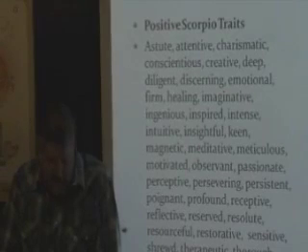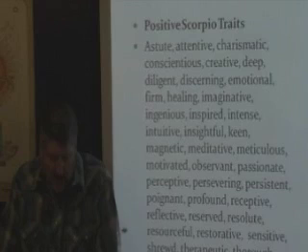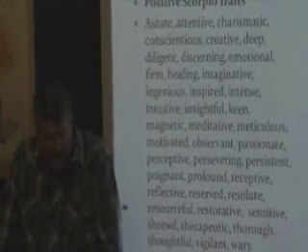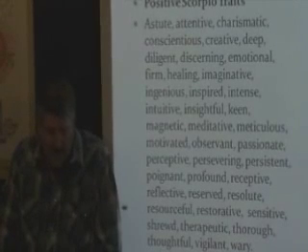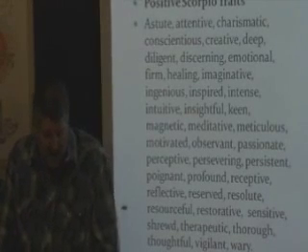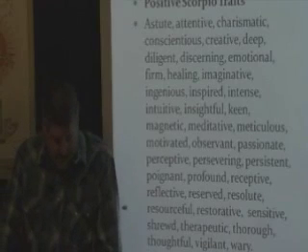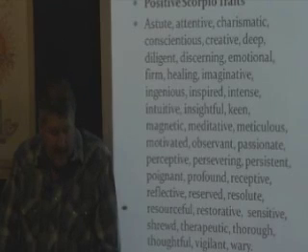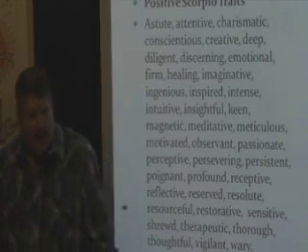Diligent, discerning, emotional, firm, healing, imaginative, ingenious, inspired, intense, intuitive, insightful, keen, magnetic, meditative, meticulous, motivated, observant, passionate, perceptive, persevering, persistent, poignant, profound, receptive, reflective, reserved, resolute, resourceful, restorative, sensitive, shrewd, therapeutic, thorough, thoughtful, vigilant, and wary. You look at those traits and you'd almost like them.